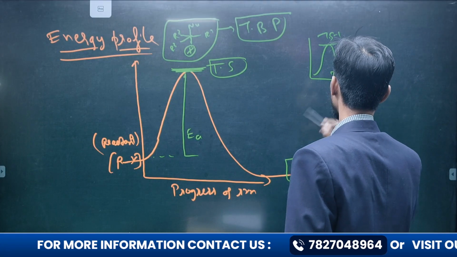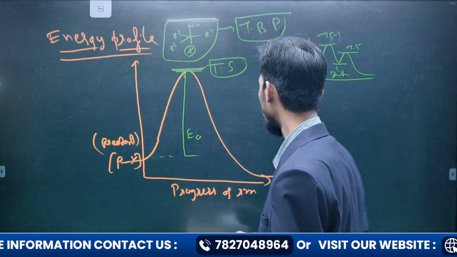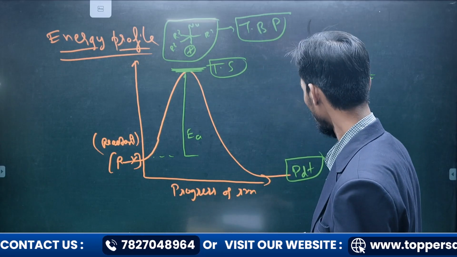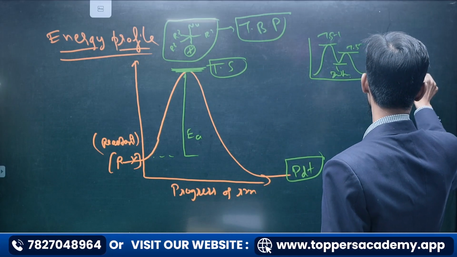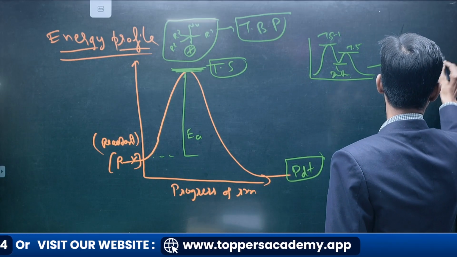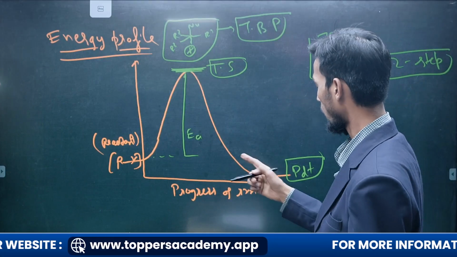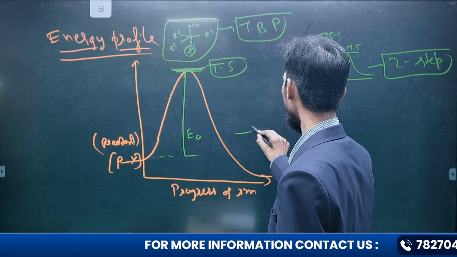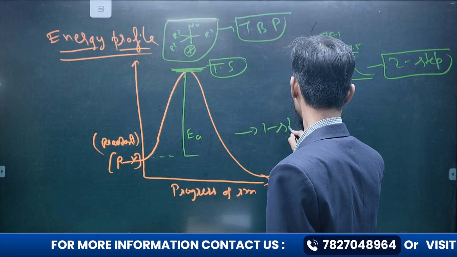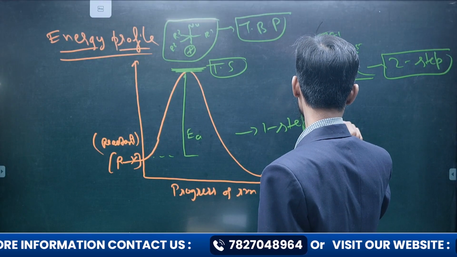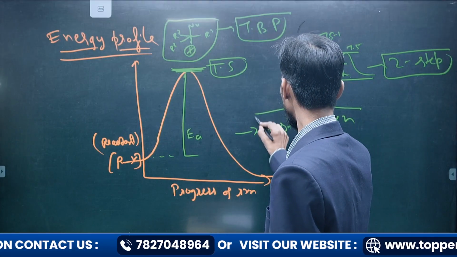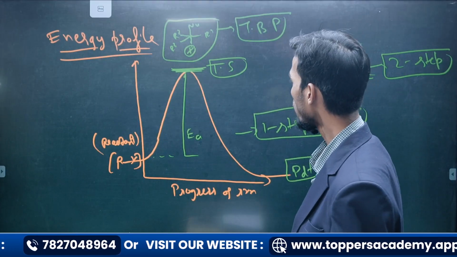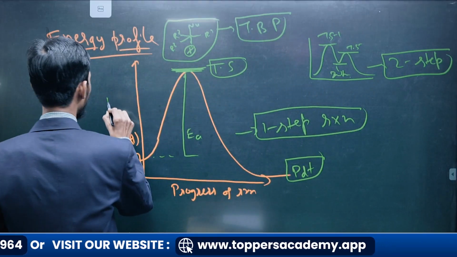It was a two-step reaction, which means two maxima. But here in the SN2 reaction, it is a one-step reaction. That's why in this energy profile diagram we have only one maximum.